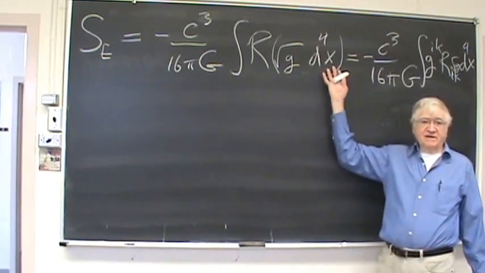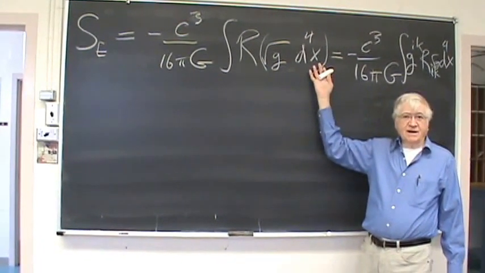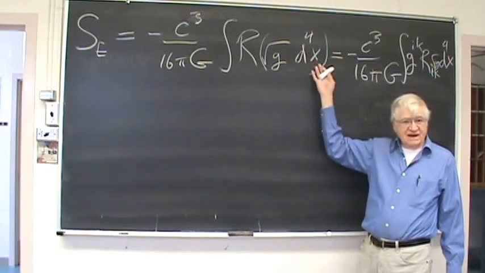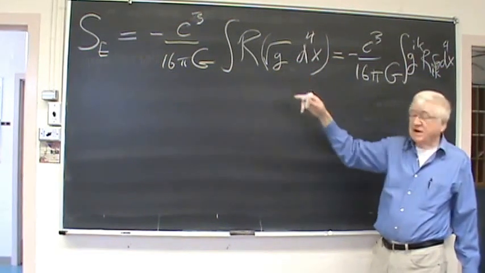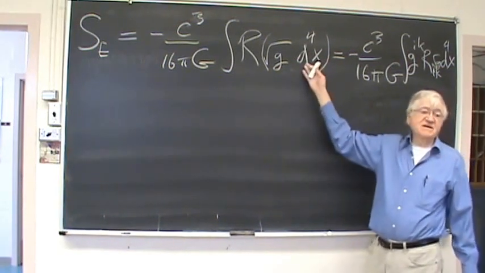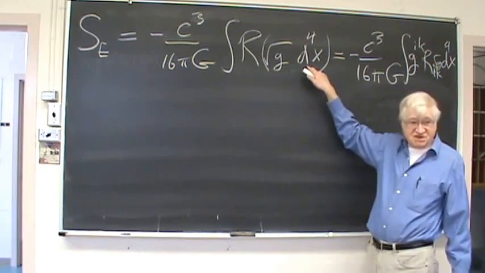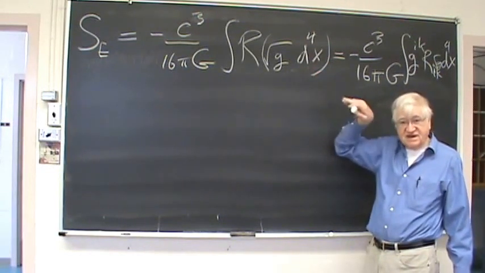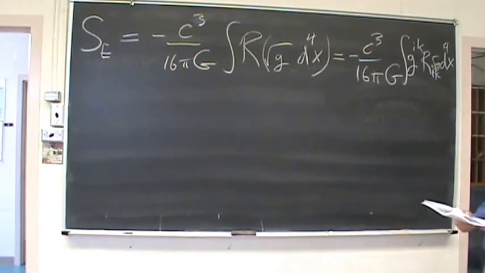If you're talking about this as dt, dx, dy, dz, then it would be c to the fourth. But if you're talking about dx0, dx1, dx2, dx3, then you've got an extra c here because dx0 is c dt. So that's the subtlety there.